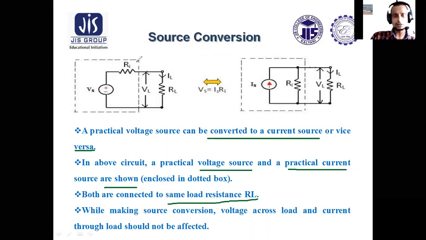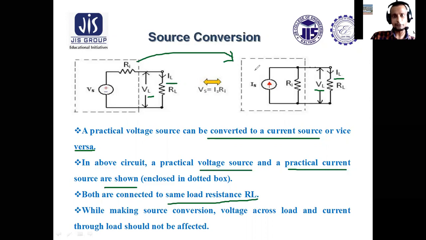While making this source conversion, the current through the load or voltage across the load should be unaffected. That is why it is mentioned that the current through the load in this case is IL, and in this case it is also IL. The voltage across the load is VL here, and here also it is VL, which implies voltage and current across the load should never be affected during this source conversion.